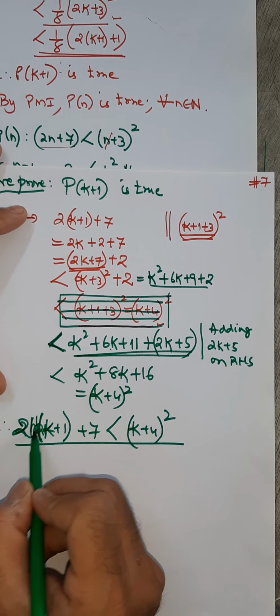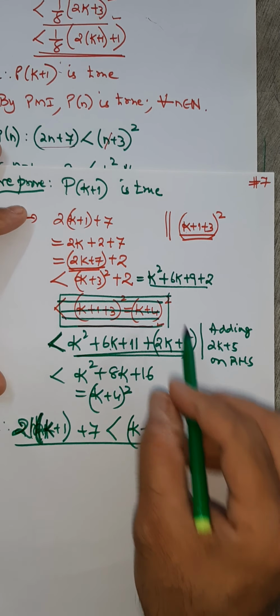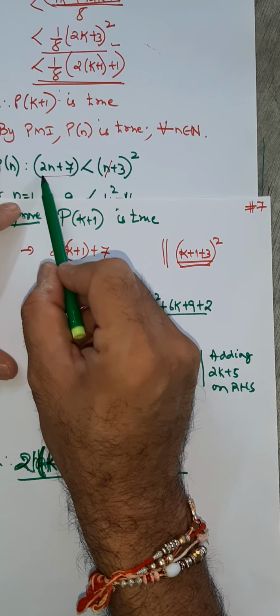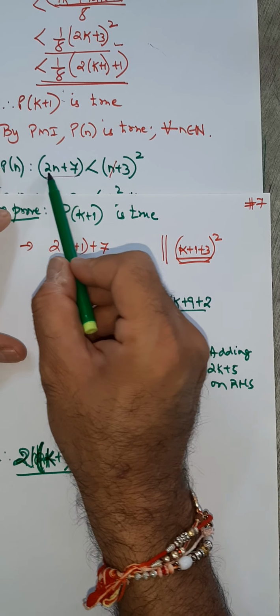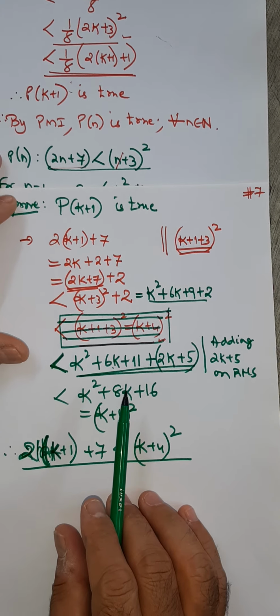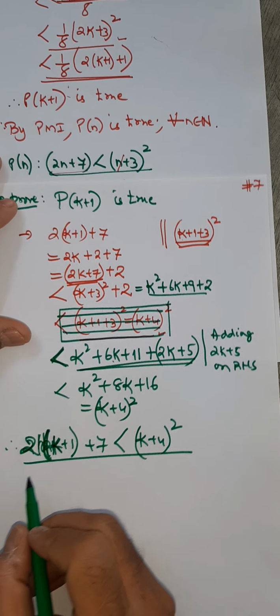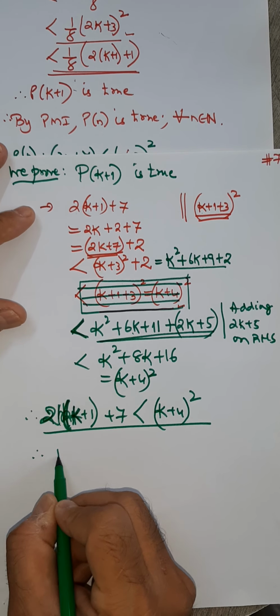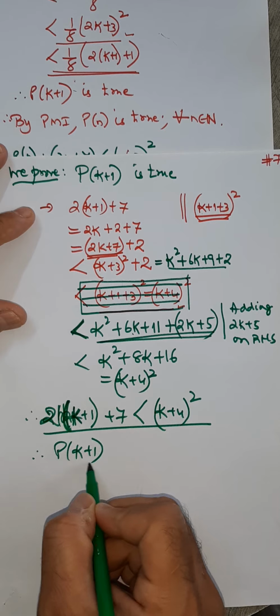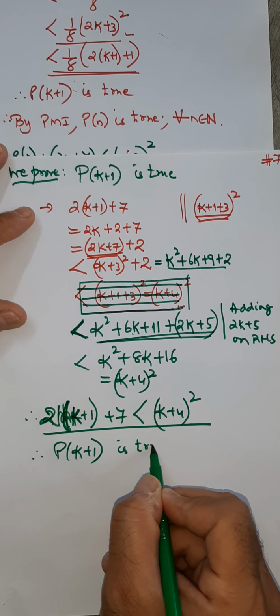Right? So in the above statement, instead of n, now it becomes k plus 1. You can see here. Instead of n, it becomes k plus 1 now. So therefore, as we wrote everywhere, P of k plus 1 is true.